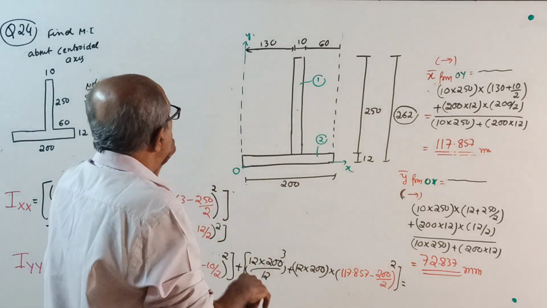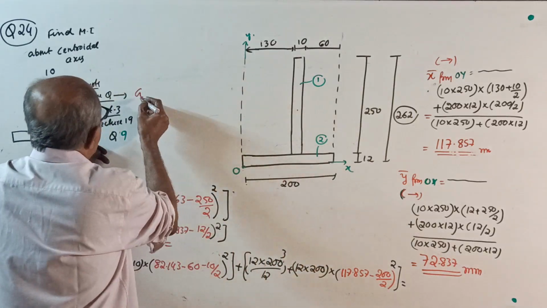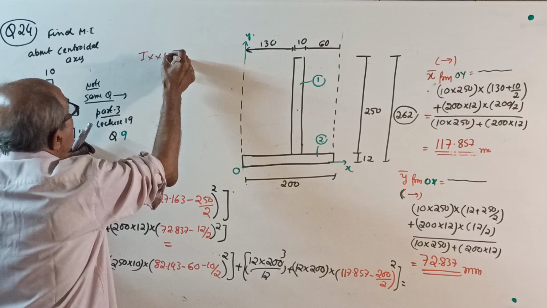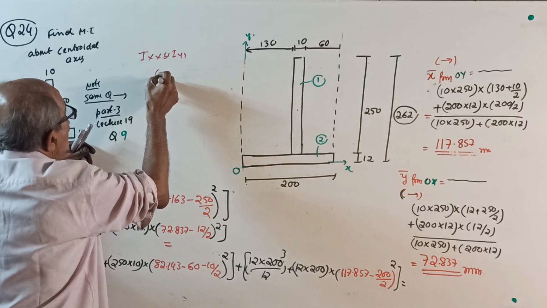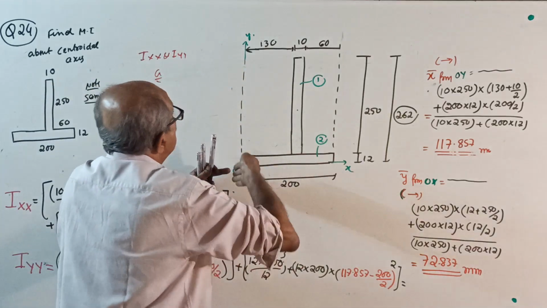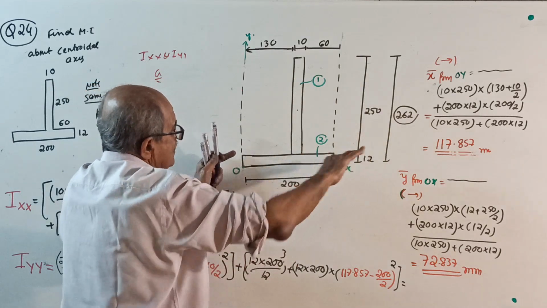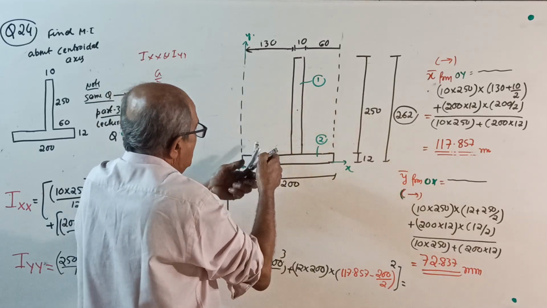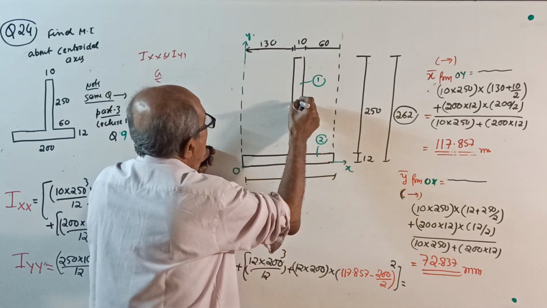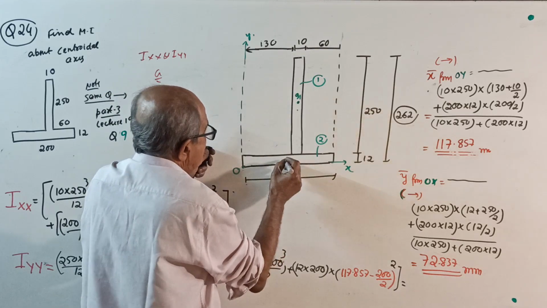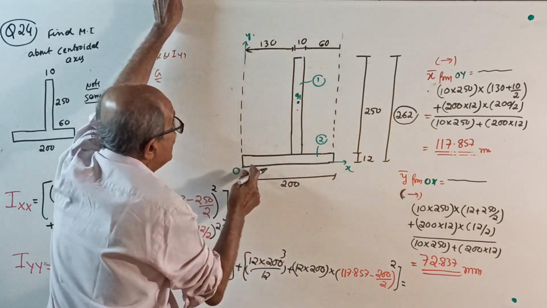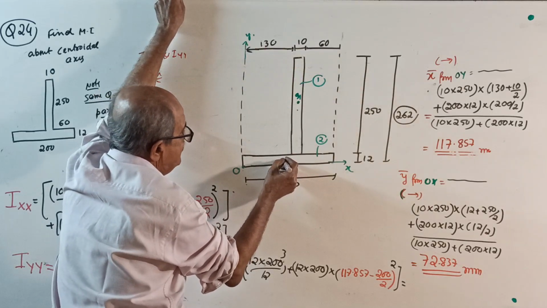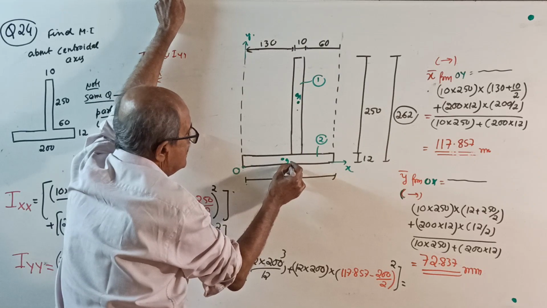Briefly I will explain. See, first centroid moment of inertia about what? You have to find Ixx and Iyy. Therefore, first centroid G location, X bar, Y bar. Its own centroid is here. Centroid G1, this is 200, this is 130, G2 is here.